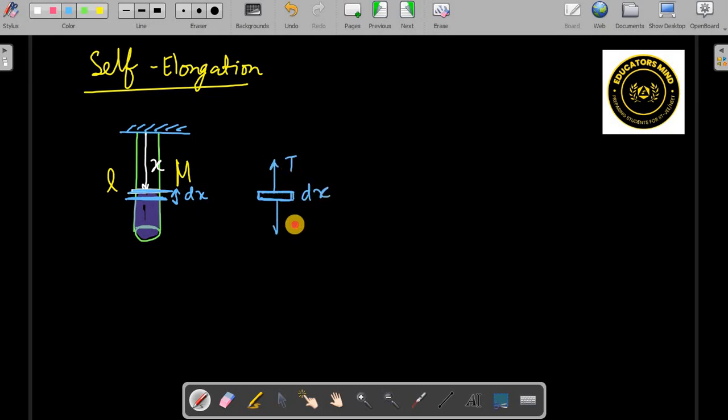This side tension is the weight below that. So this length will be L minus x. So this tension will be equal to mass per unit length into this length, the total mass below this, into g. That's the tension.